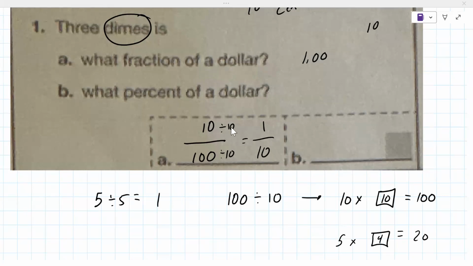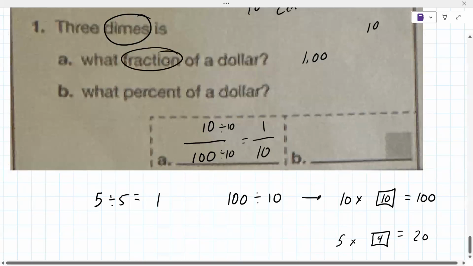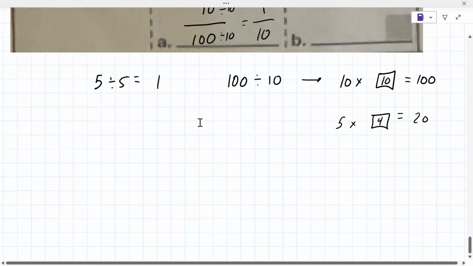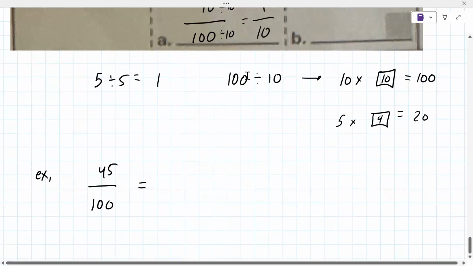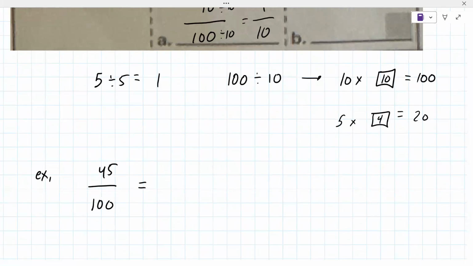All right. Now, do you know how to convert from a fraction to a percentage? Go from one to the other? Okay. Let me give you a fraction. 45 out of 100. What is that as a percentage? 45%. Yes.